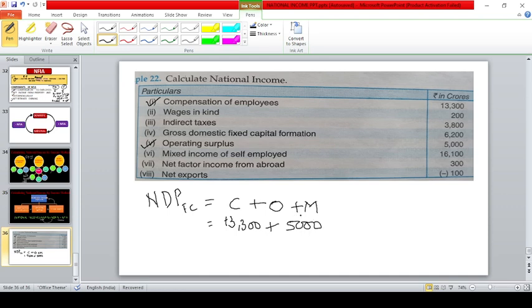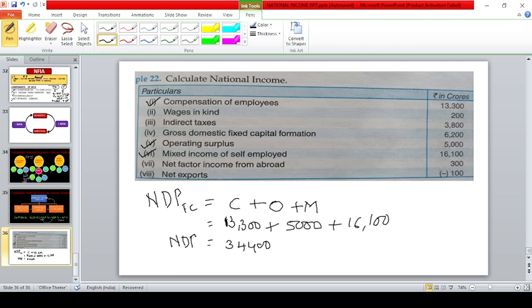So directly 5,000 we are going to write. Then mixed income of self-employed, the correct term is given over here, so plus 16,100 is given. When you add all this up, we get a total of 3440.